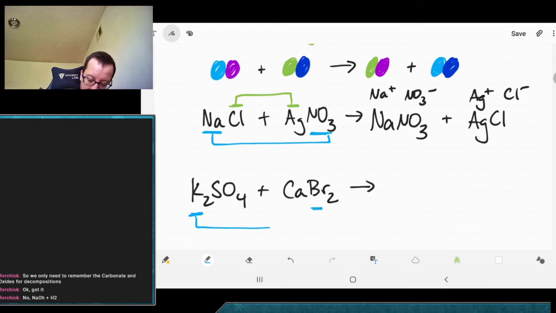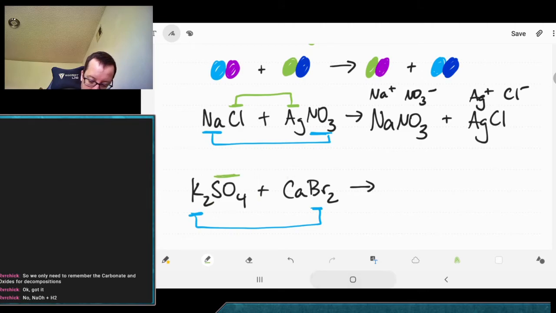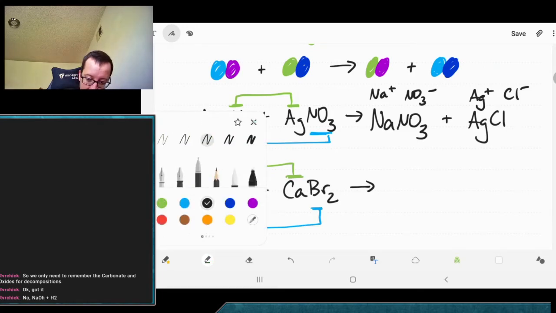And so we're going to make new compounds out of those and these. So I'm just going to be very consistent with how I'm doing this. Again, it doesn't matter if you put, like in the last example, silver chloride plus sodium nitrate, that doesn't matter. You can swap them all you like. As long as the compounds are correct, it doesn't matter what order you put them in. So if we want, we can do the calcium one first in this one. Why not?